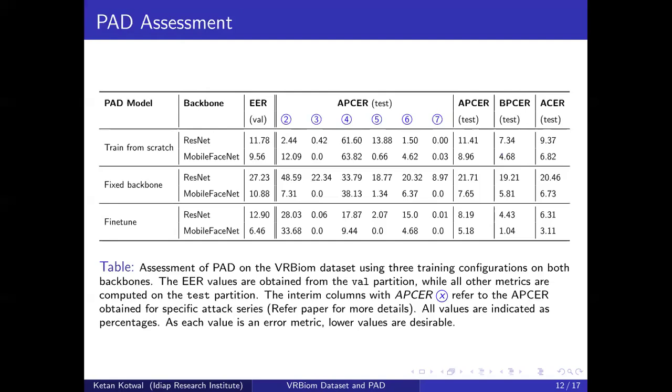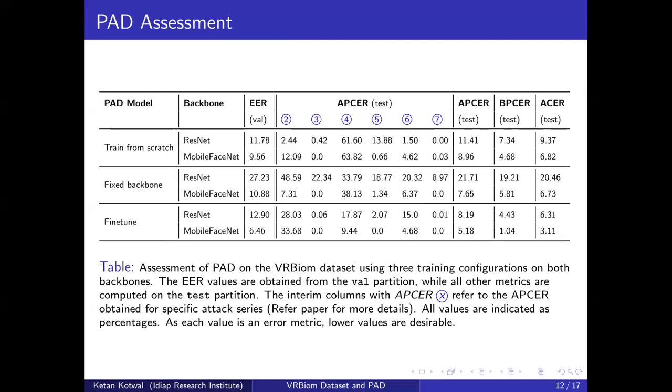So here are some of the results that we have obtained. In this case, each of the rows represents a specific combination of configuration and backbone, followed by the EER that was used to obtain the threshold from the validation partition, and everything else that you see are the APCER, BPCER, and ACER metrics obtained on the test partition.